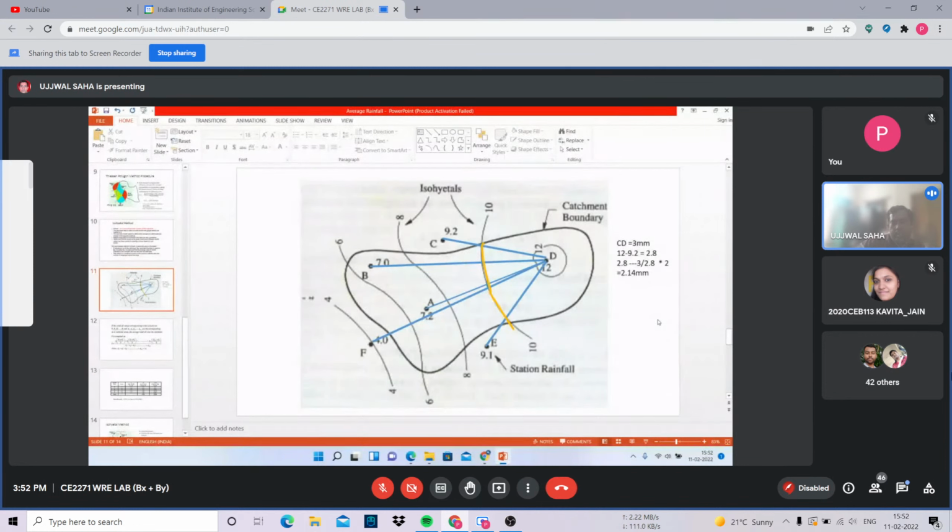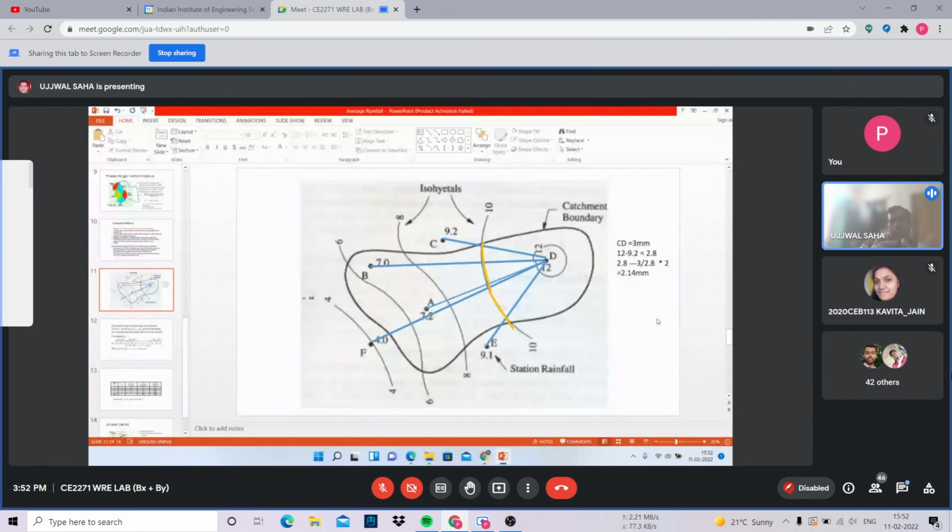There are some guidelines that you have to follow: the inter-isohyetal area should be at least 1 mm. Our code gives some guidelines to use this method. But it is true what you people are telling me, that you can take 9, somebody can take 9.5.